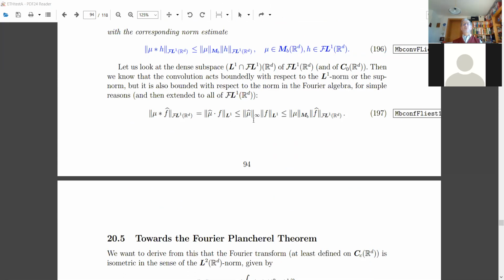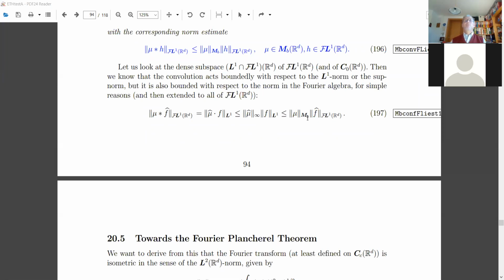But on the Fourier transform side, multiplying with the bounded continuous function is harmless, and therefore you can rewrite it. You estimate the Fourier-Stieltjes transform mu hat by the measure norm, and you go back from f in L1 to the f hat norm in the Fourier algebra norm.